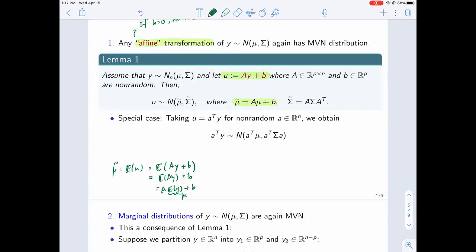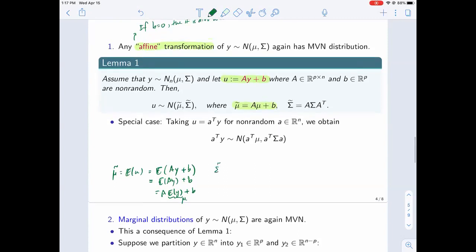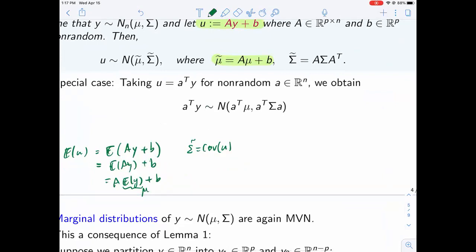So how about the covariance? This is going to be the covariance of u, so how do we compute this? It would be the covariance of A y plus b. Let's say this is equal to the covariance of A y. Why is that?